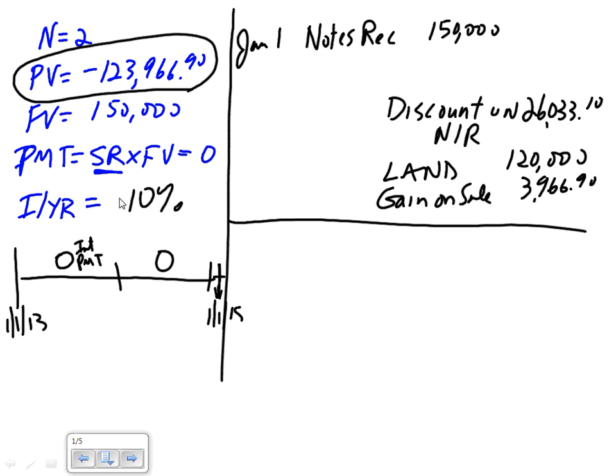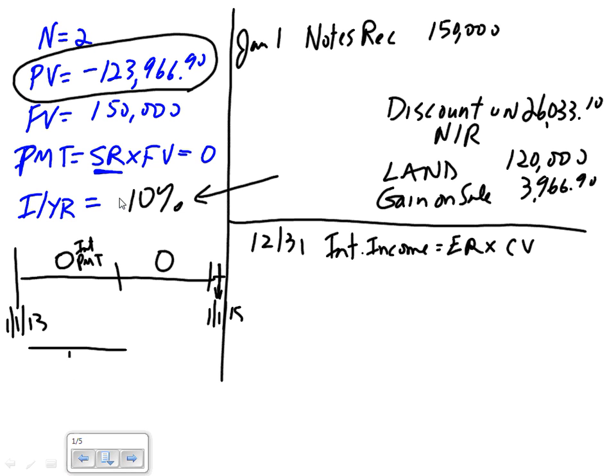We have taken a discount on this note, and that discount is going to be amortized to interest. So on 12/31, how much interest income, or revenue? Remember, it's always the effective rate multiplied by the carrying value. My effective rate is the rate that we calculated, 10%, and the initial carrying value was 123,966.